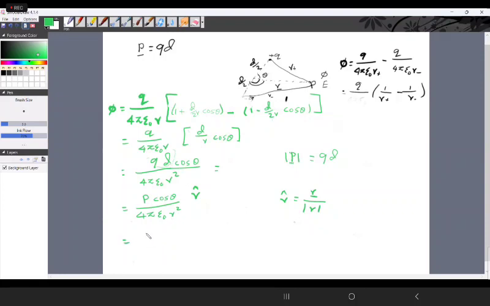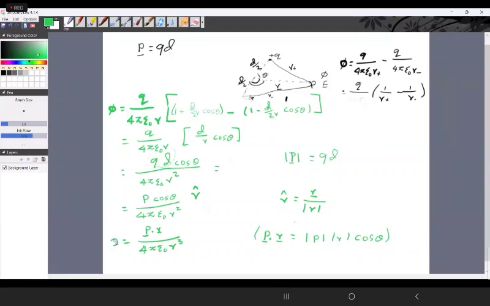So this can be written as p dot r over 4 pi epsilon naught r squared, and again we have another r here, so this will be r cubed. Because p is a vector and r is also a vector, p dot r is equal to p times the unit vector r times cos theta. You can write it somewhere here.